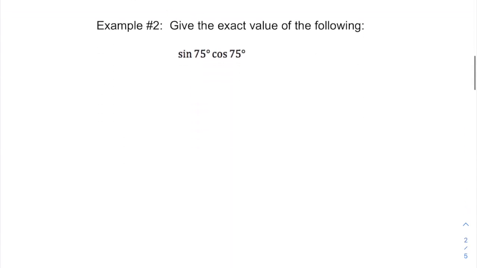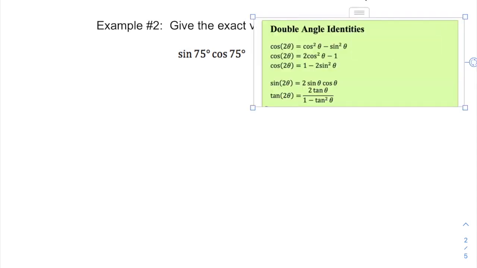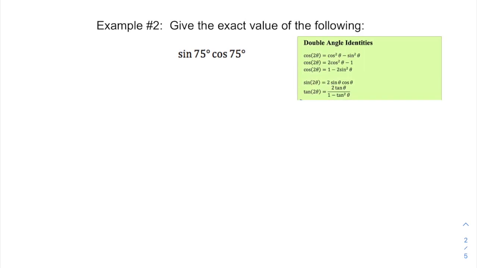Our next one is not as straightforward. I'm just going to paste my box of identities here. Notice how I cut off the lower identities because we're not working with them. So I want to find sine 75 times cosine 75. Now we spent a lot of time finding sine and cosine values last section of 75 degrees with a sum or difference.